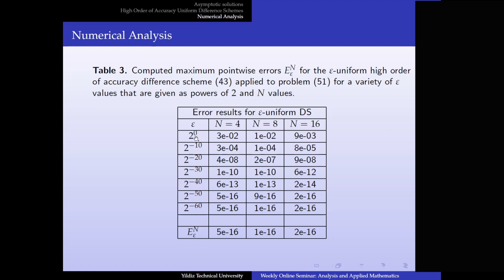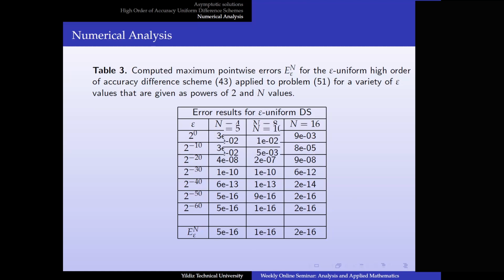As you see in this table, we choose epsilon values for a variety of powers of 2. As epsilon gets smaller and smaller, the errors become very small, and the difference scheme converges uniformly.